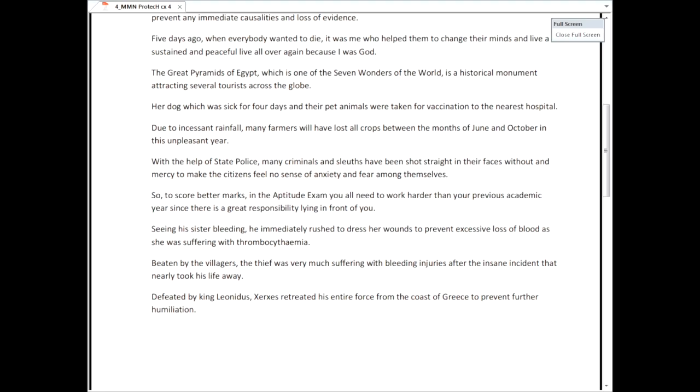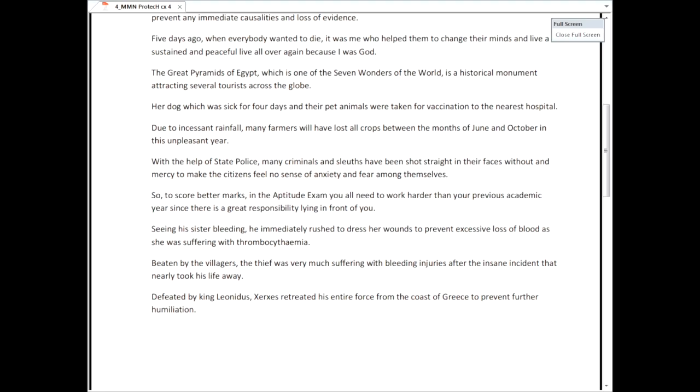That is the subject. So the sentence starts from here. If I remove the phrase of adverb, it makes no difference to me. "You all need to work harder than your previous academic year." That's still a complete sentence. It makes sense. That means till here I can safely assume it is a phrase of adverb. Got it? Yes.